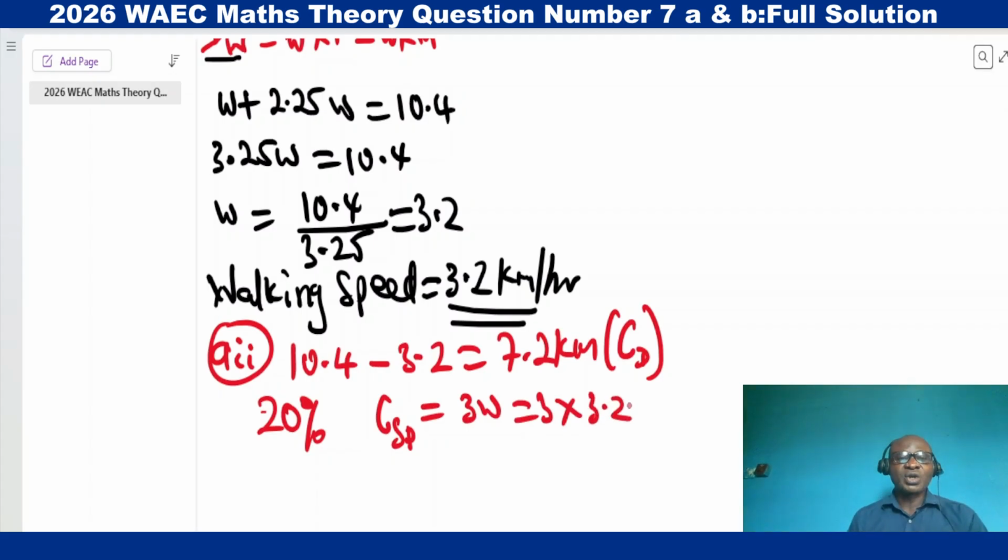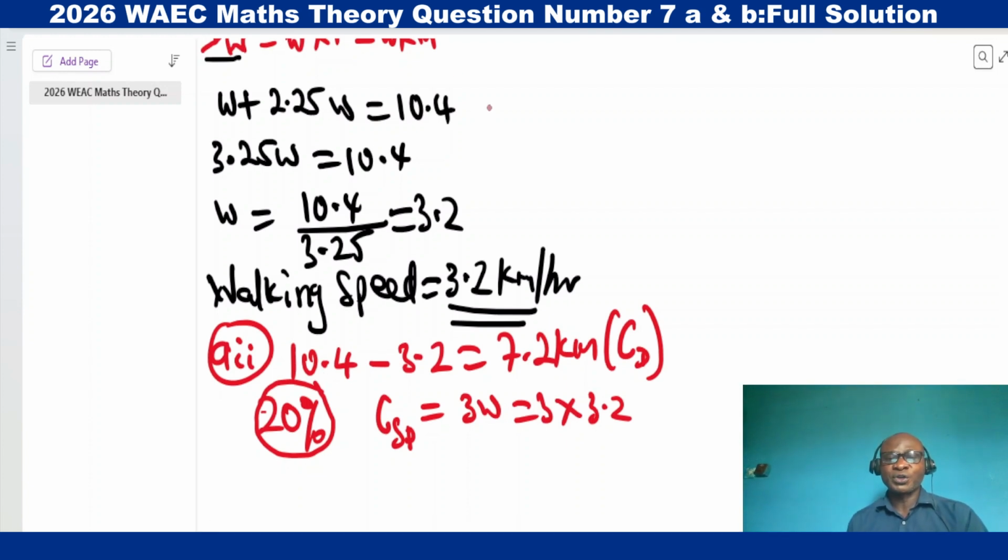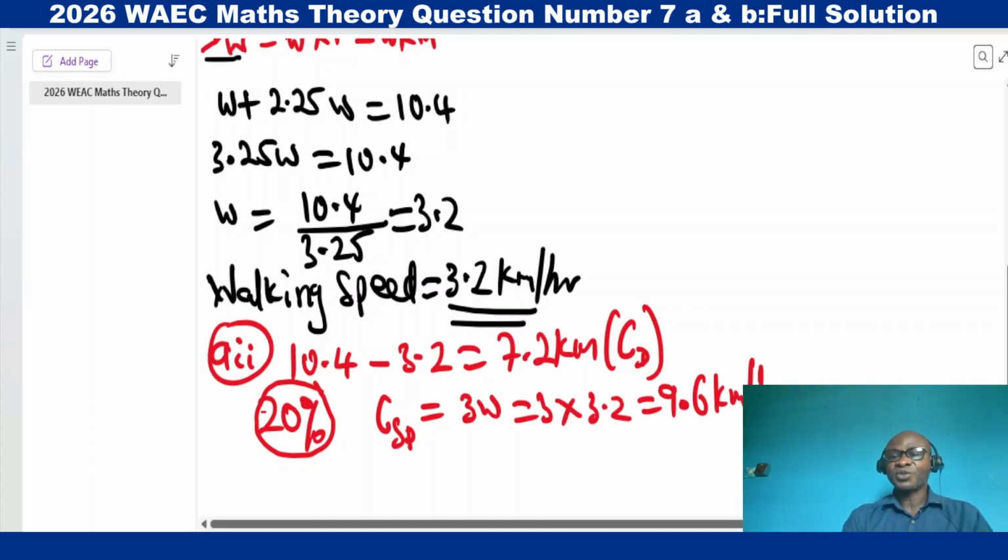I'm not yet finding 20%. I want to first know the cycling speed, because it was given as 3W, and now that we have the actual value of W, we use it to find the exact cycling speed. 3 multiplied by 3.2 gives me 9.6 kilometers per hour. This is the exact cycling speed in the initial journey.